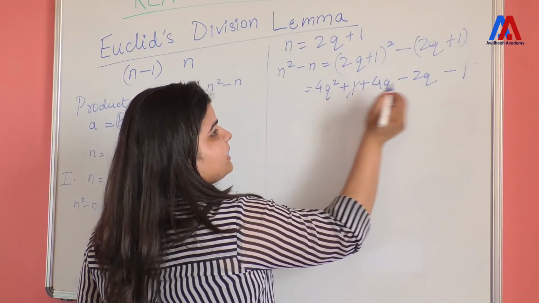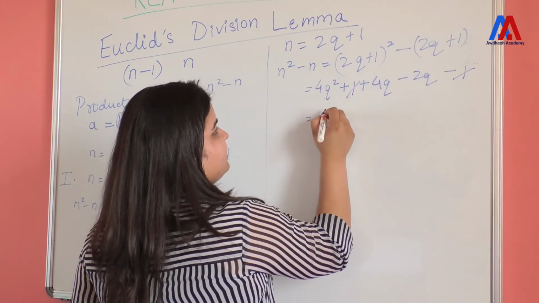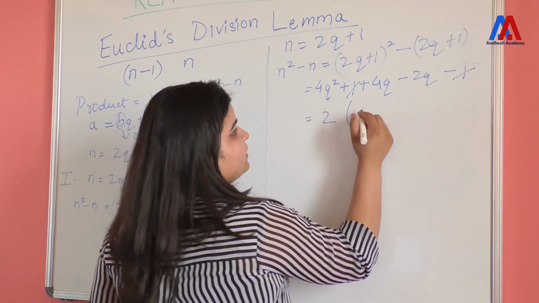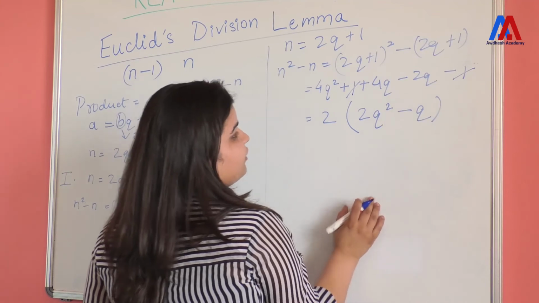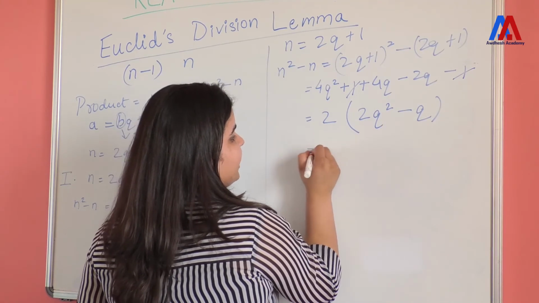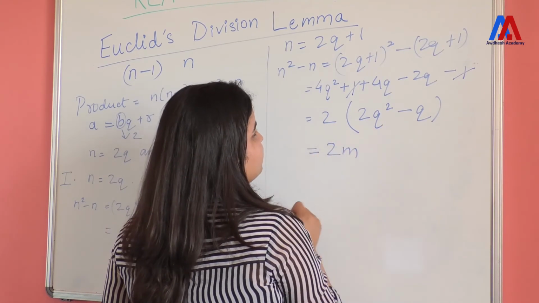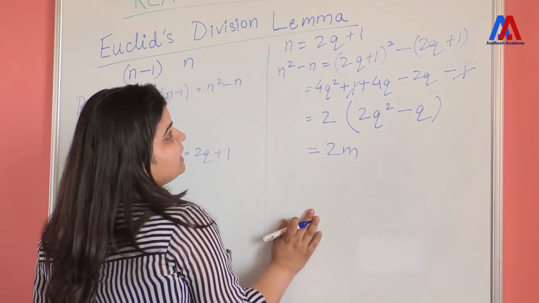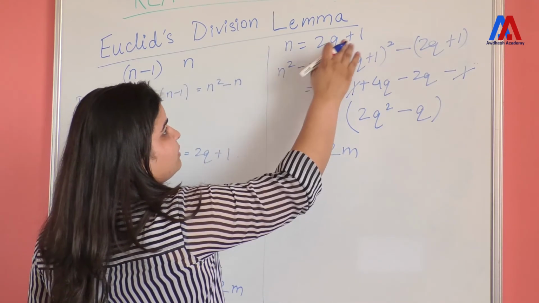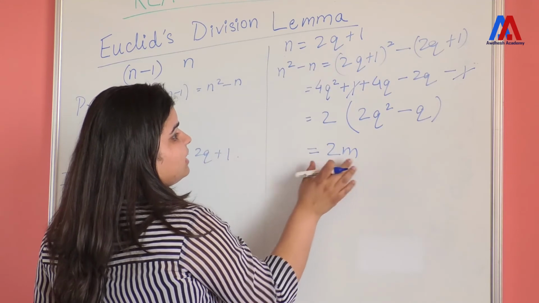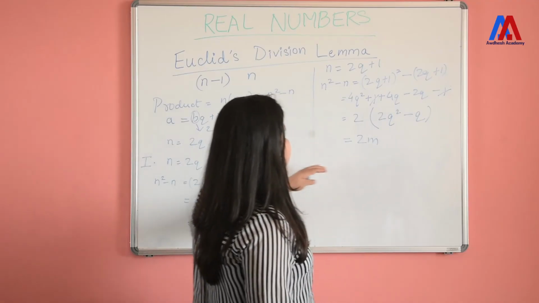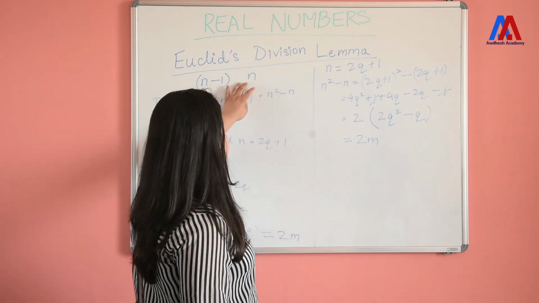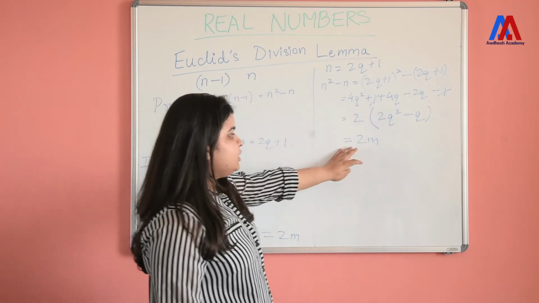Now we can cancel the 1 and take 2 common, giving 2 into 2q square plus q. Now if we substitute this part with m, we get 2m. So again we have proven that if n is equal to 2q plus 1, we get a number which is divisible by 2. Thus we have proven that the product of two consecutive numbers is always divisible by 2, or is always even.